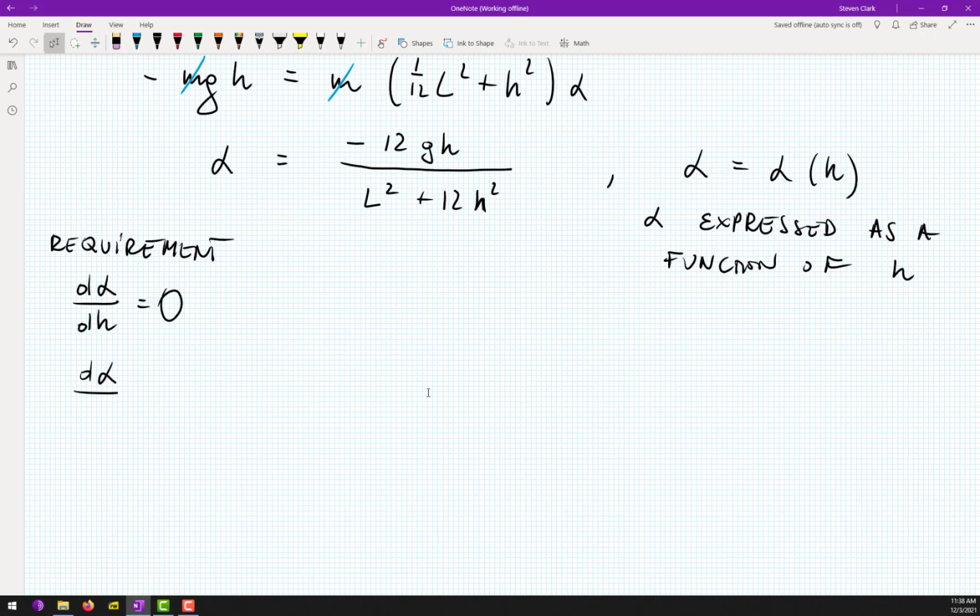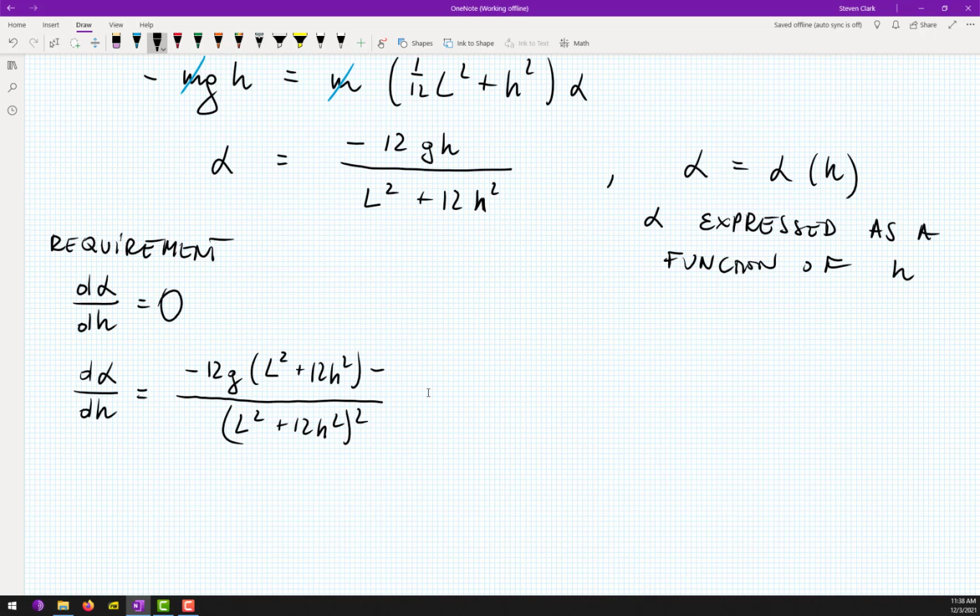d alpha dh, and if I remember correctly, this will be l squared plus 12h squared, all squared, in the denominator, and the numerator is minus 12g times denominator, minus numerator times derivative of denominator, right?